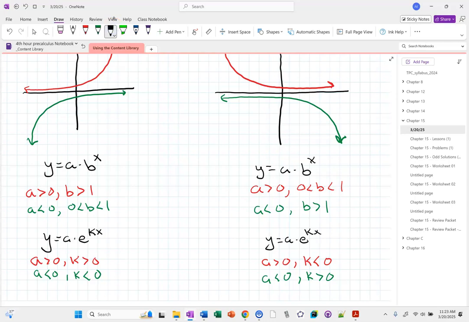And this is my stopping point. My apologies for taking 6 minutes and 25 seconds longer than I told you to. It's okay. But this is where we'll stop. We still have more to finish up in 15.1. So you could start on the 15 homework at this point. Probably stop when you get to the word problems.